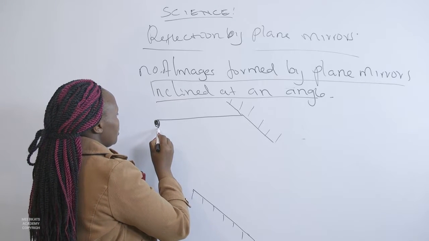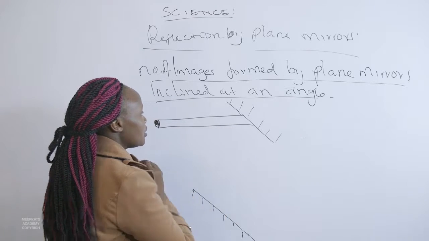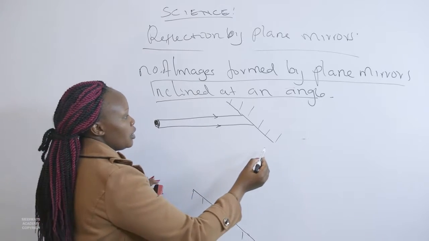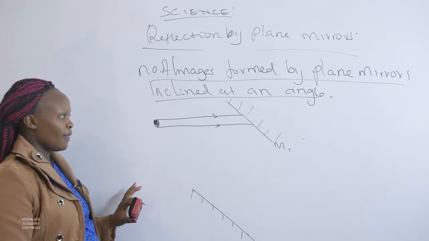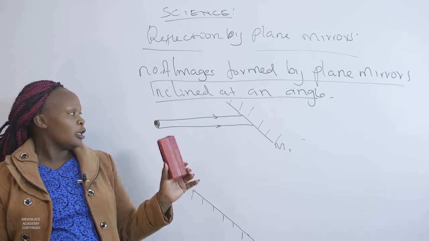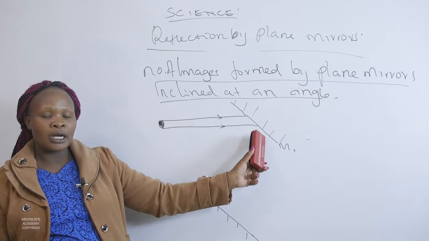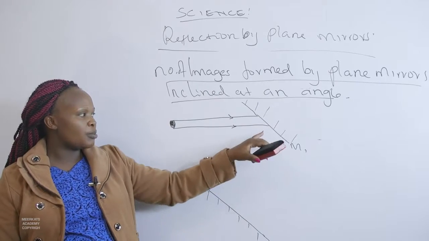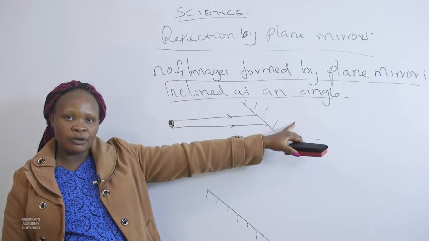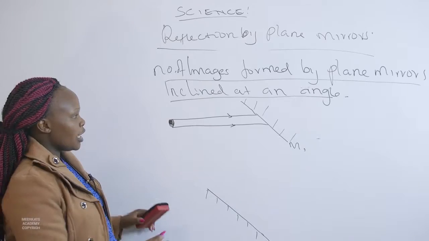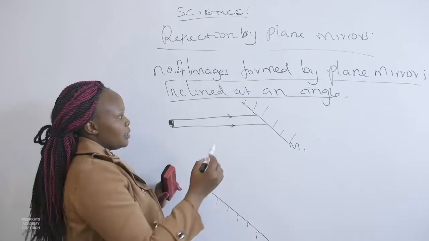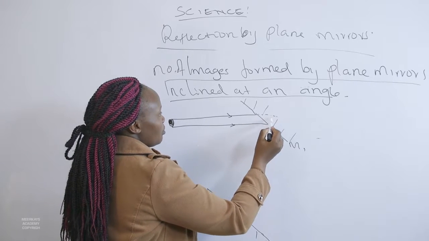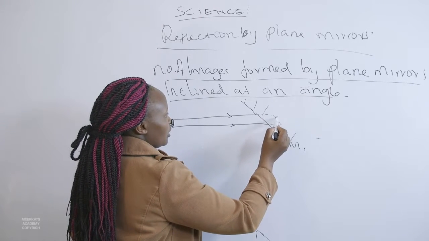From our object, we have two rays incident on mirror 1. Now, when this comes to the first mirror, you expect an image to be formed by the first mirror. Now that one becomes the object, so that now you have rays appearing to come from some point here.